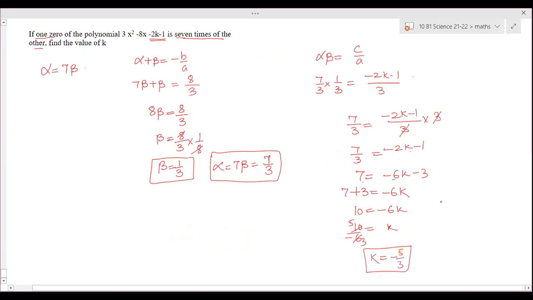Clear? Is it clear? Yes, ma'am. So 36 done, you took any one of the zeros and then found the value of k. 37, anyone has any doubt?